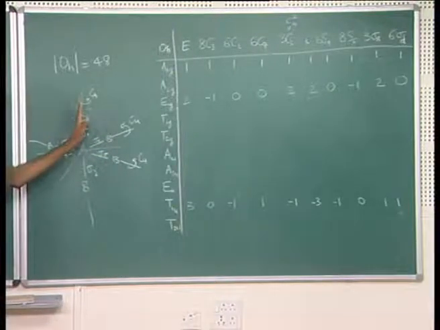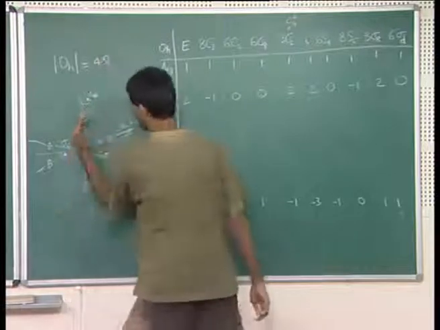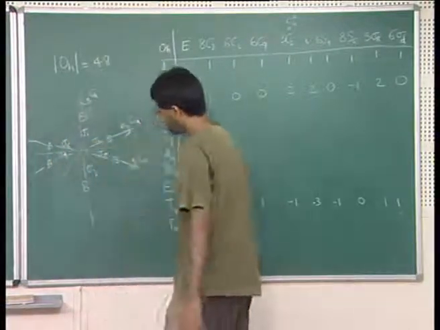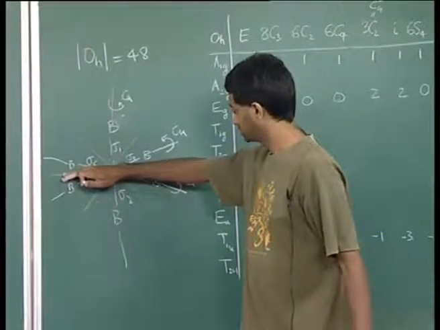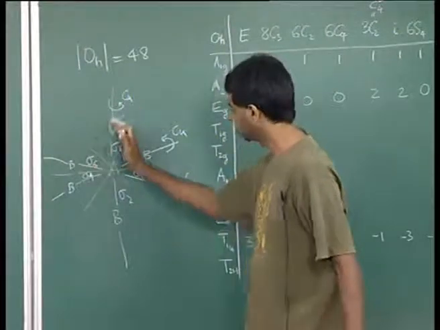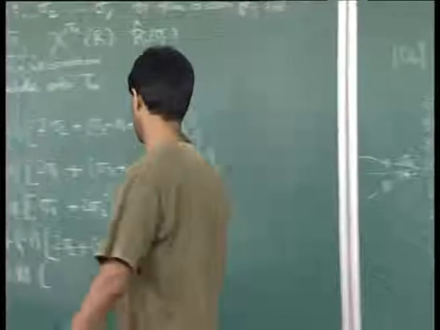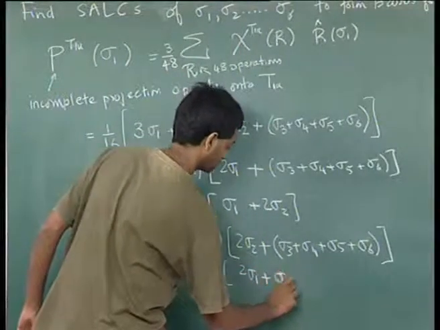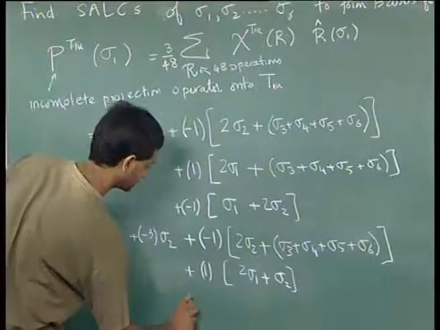So there are 3 sigma h. 2 of them will leave sigma 1 as it is, and the third one will take sigma 1 to sigma 2. So you have 2 sigma 1 plus sigma 2, and then you have 6 sigma d.